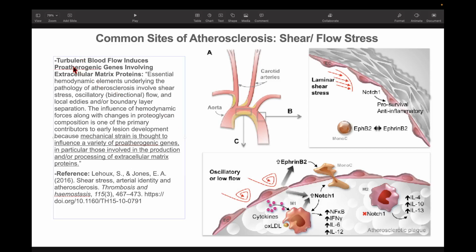So what we have here is that turbulent blood flow induces pro-atherogenic genes involving extracellular matrix proteins. Now, the extracellular matrix proteins, we're going to hone in on in just a sec. They're extremely important. So essential hemodynamic elements underlying the pathology of atherosclerosis involve shear stress, oscillatory or bidirectional flow, and local eddies and or boundary layer separation.